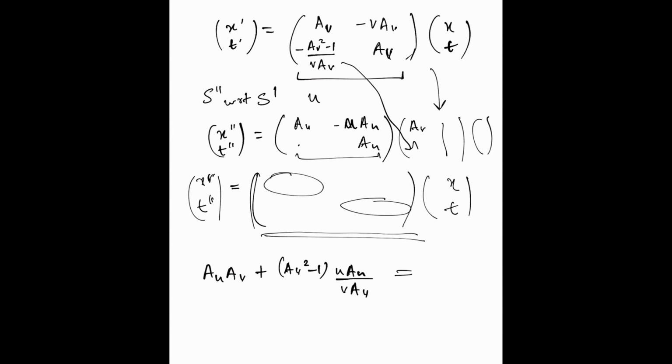So you actually get again AU AV plus (AU square minus 1) times V AV by U AU. All right. This cancels out. And what I'm left with after rearranging some terms is (AV square minus 1) by V square AV square is (AU square minus 1) by U square AU square.